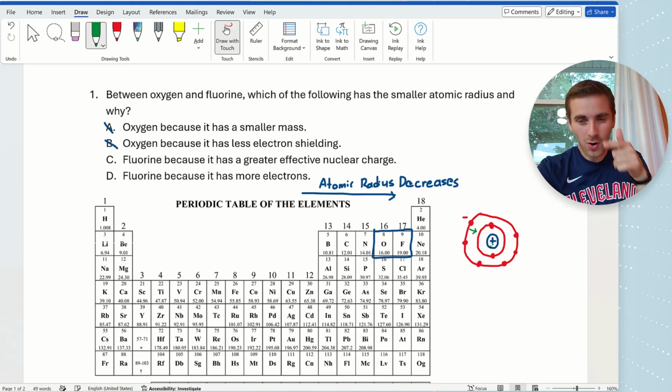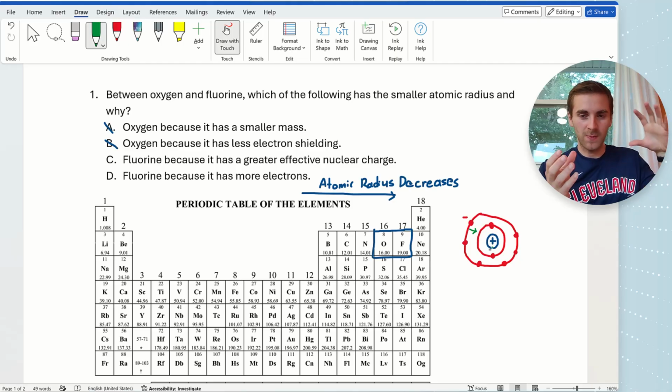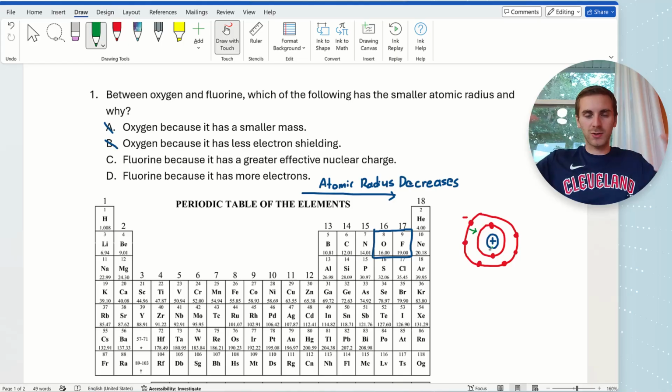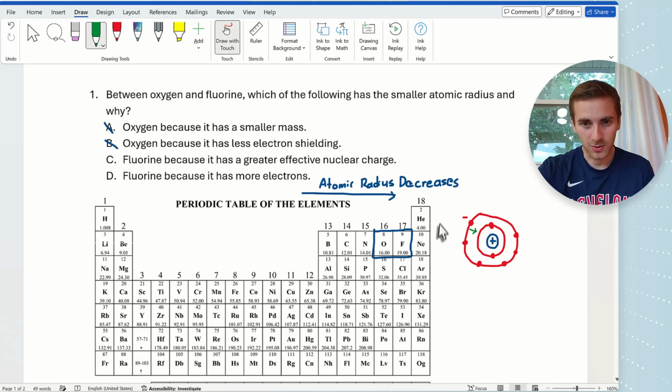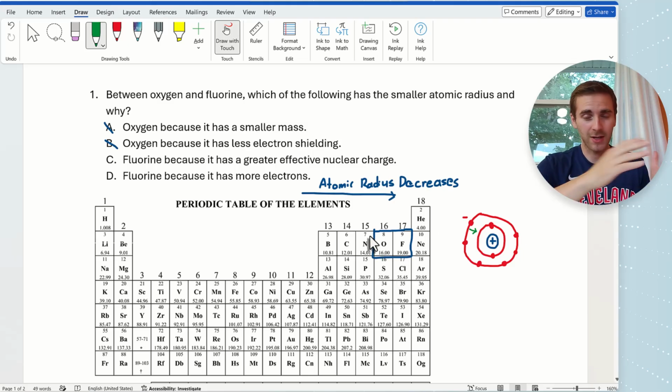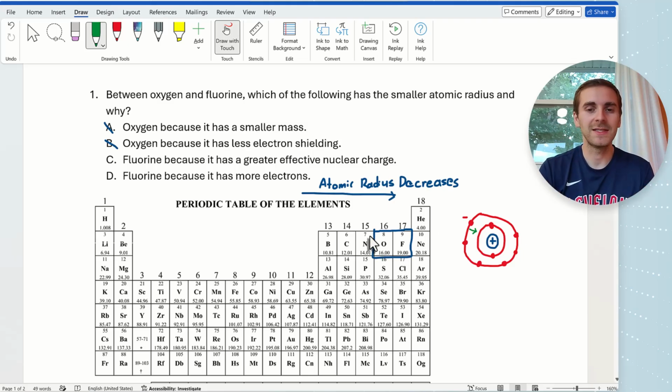And the more protons that are in this nucleus, the stronger that pull is. Okay, so the more protons we add, we're pulling those electrons farther and farther inwards, shrinking the radius of the atom. And that's why fluorine has a smaller atomic radius than oxygen. That's why, in general, atomic radius decreases as you go to the right.